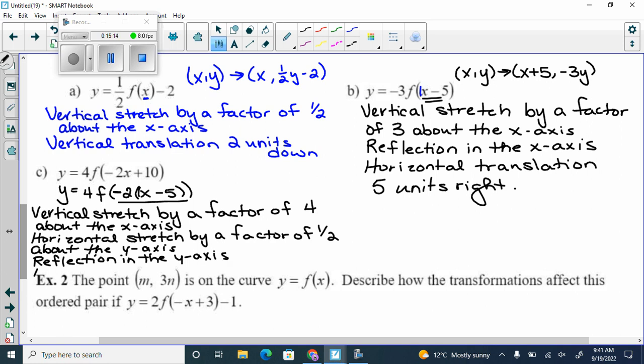And then I have a horizontal translation. Five units, right. So this all affects my x. So my x is going to have a lot happening. So my xy is going to be negative a half x plus 5. Because if there's a reflection, it's negative. If it's half here, we write a half, right? And then my y is going to be 4y.